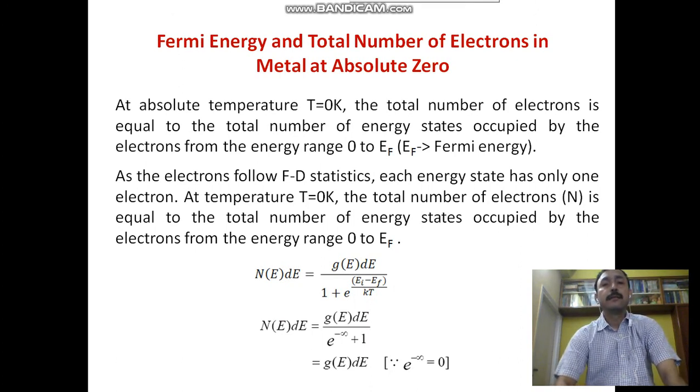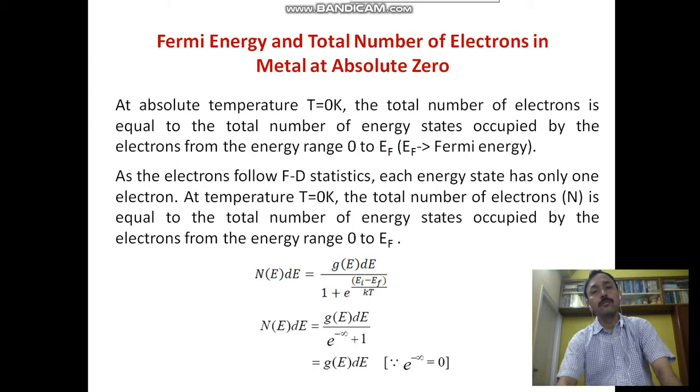Fermi energy and total number of electrons in a metal at absolute zero. At absolute zero temperature, T equal to 0 K, the total number of electrons is equal to the total number of energy states occupied by the electrons in the energy range 0 to EF. E suffix F represents the Fermi energy.